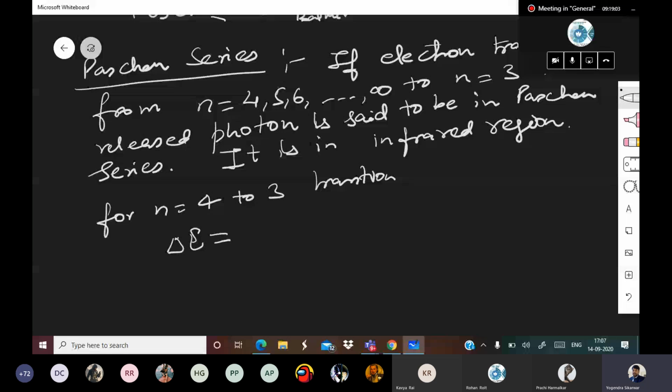How much will be delta E for n is equal to 4 to 3? You have all the values.